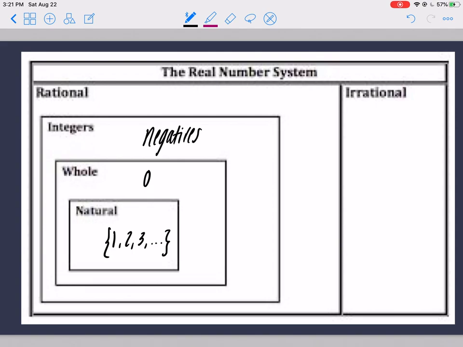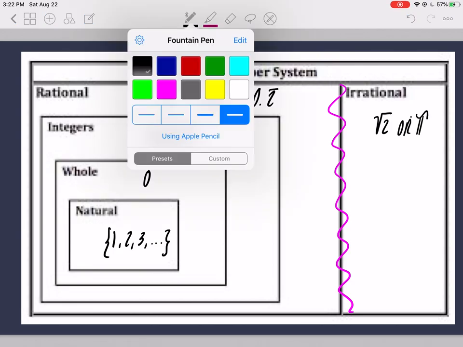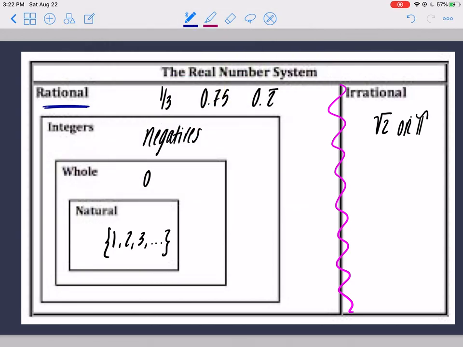Rational numbers, we said fractions, terminating decimals, repeating decimals. And then irrationals are over here on their own little playing field. Irrational numbers, we said like the square root of 2 or a lot of other square roots, or pi, numbers like that. So within the real number system, we either have rational numbers or irrational numbers.